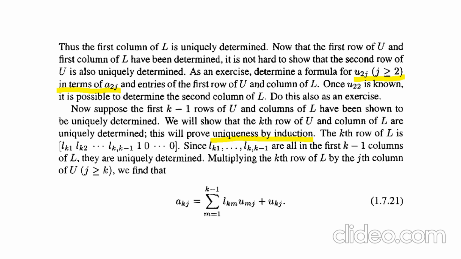The kth row of L is this: LK1, LK2, and so on, where the diagonal entry is 1, and these entries are all in the first k minus 1 columns of L. They are uniquely determined.